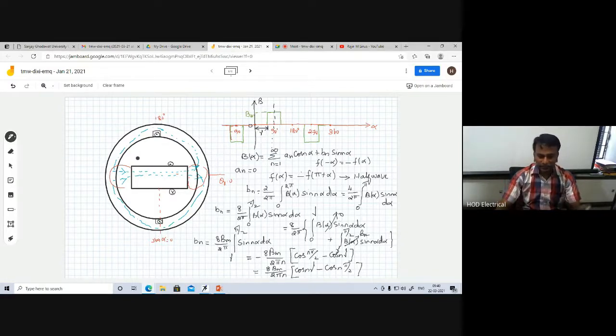Accordingly, we end up with the Bn equation, which is nothing but 8 Bm by pi into sin. So now, let me write this equation once again.